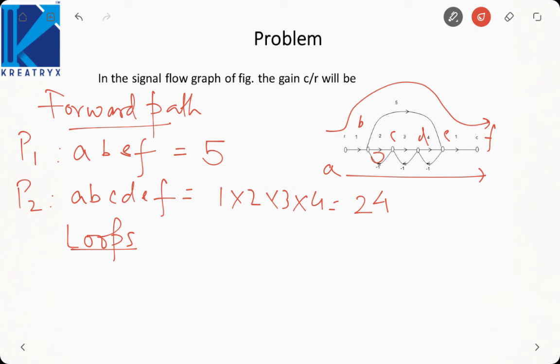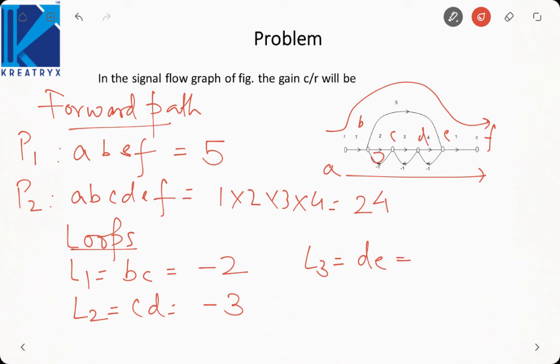One loop is like this, so it will be loop 1, that is BC, it is minus 2. Loop 2, it is CD, the gain is 3 into minus 1, that is minus 3. Loop 3 is DE, the gain is 4 into minus 1, that is minus 4.